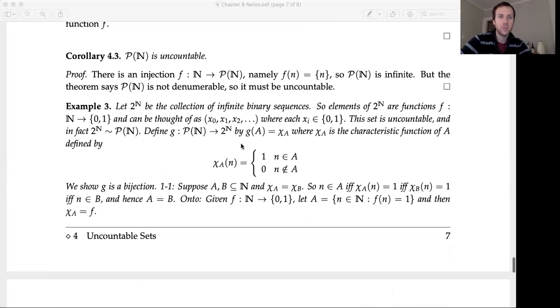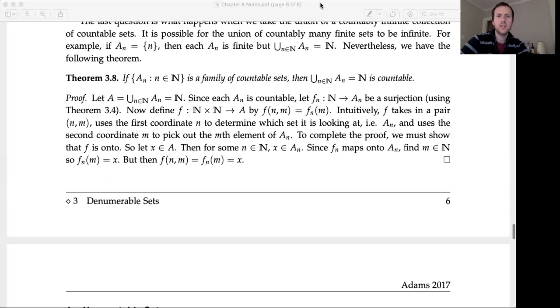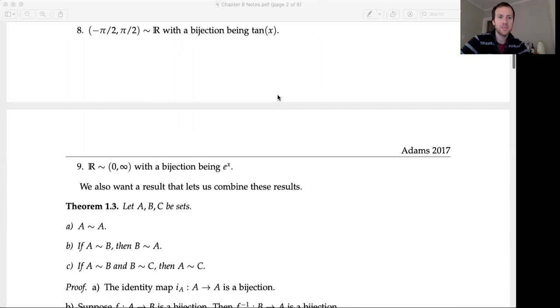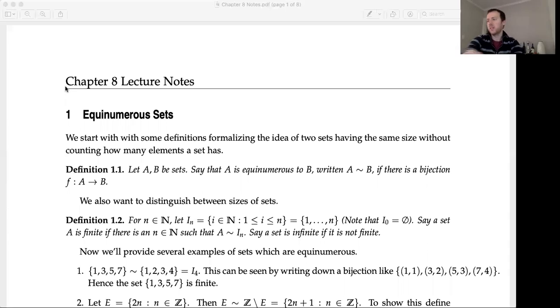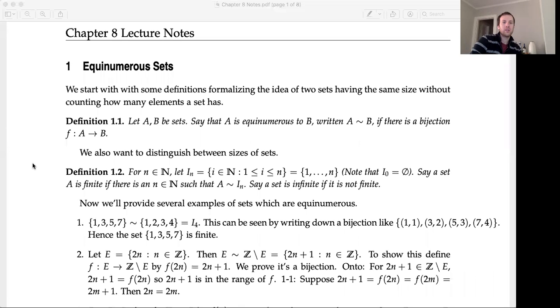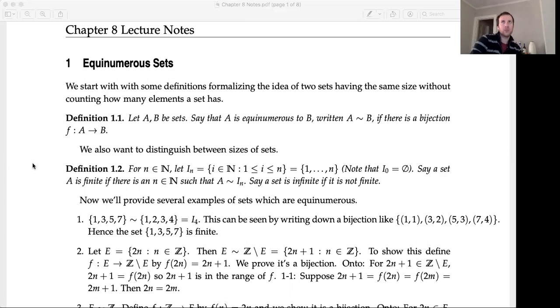So this was an incredibly brisk romp through this chapter 8. This stuff, like I said, won't be on the exam. It will be on some of the extra credit assignments. The proofs there are all fairly short, and a lot of it uses what we already know about functions.